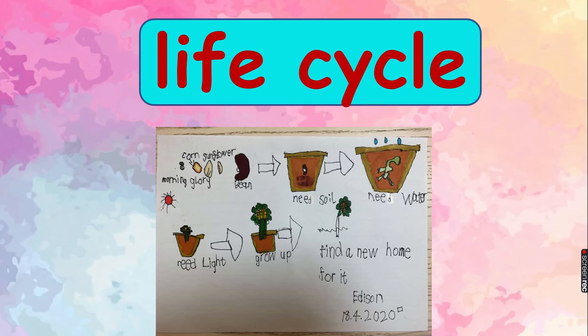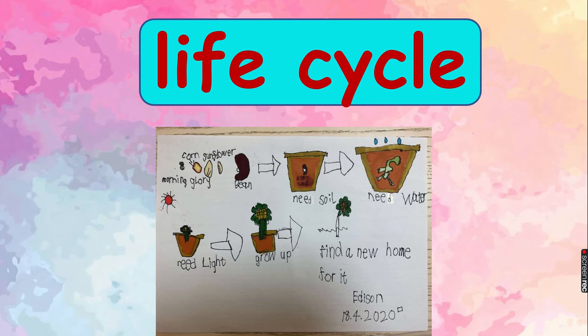Next one, life cycle. We know what a cycle is, a process that goes again and again. And a life cycle is the cycle that all living things go through. From the word life, living, life cycle. This is an example of a life cycle.